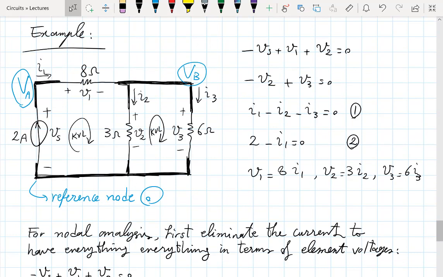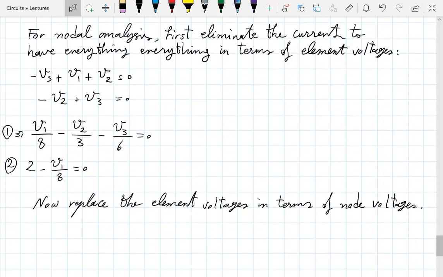Vs, what is Vs in terms of node voltages? It's VA minus reference. Look, the way I have chosen the polarity, the plus side. Again, think of it this way. If Vs was a positive number, let's say if this was 5, it means in that case that the top side is more positive than the bottom side, right? And so VA has to be a positive value. So Vs is simply VA minus 0, minus the reference, which we've chosen to call 0. So Vs is simply VA.